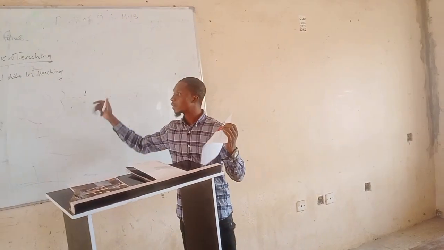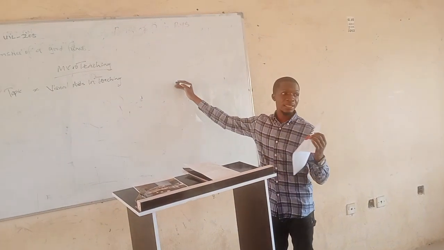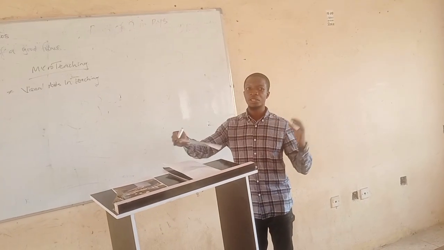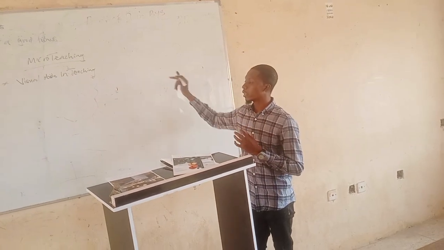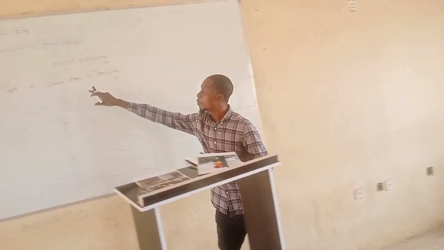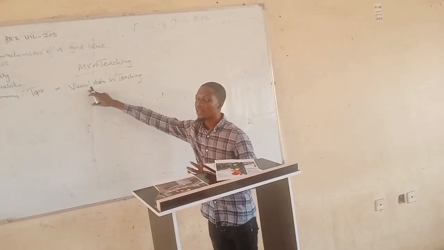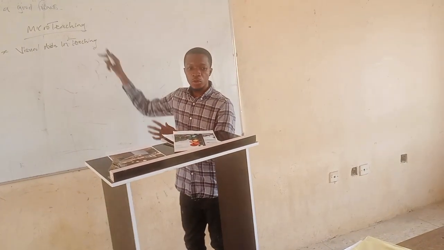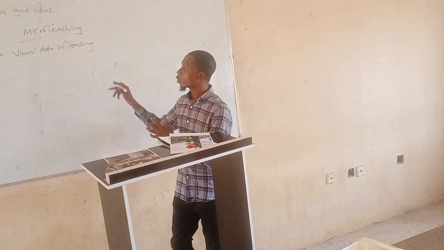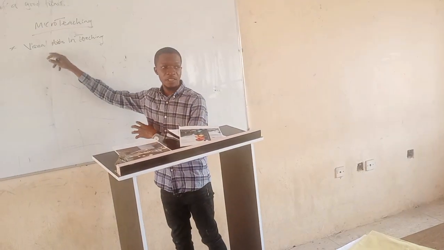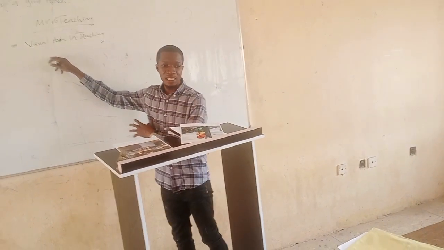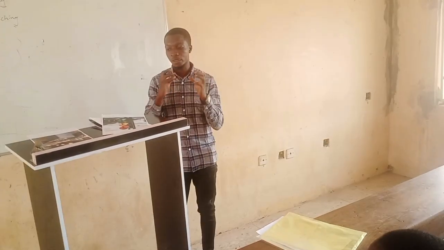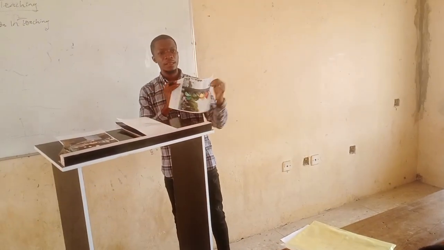It has to do with something physical, anything physical that we can see with our naked eyes. Like now, I'm teaching you in class, I'm using the board to write, demonstrate, and put in writing what I'm teaching you. That's visual aid in teaching. Using this method, it is also centered on the physical or visual aspect of teaching, because you can see what I'm trying to demonstrate on the board. Likewise, you can see this.